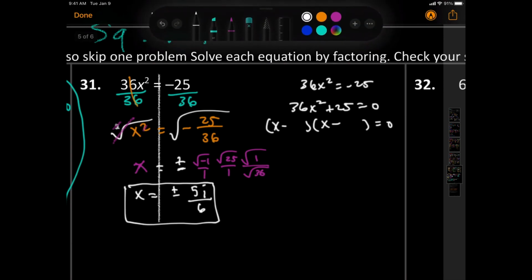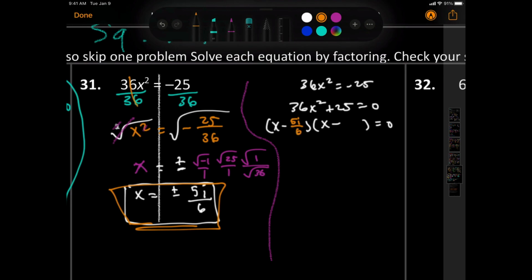So that's just using my solution, right? One positive and one negative. And you'll just clean it up. Separate it, set it equal to 0, and solve.